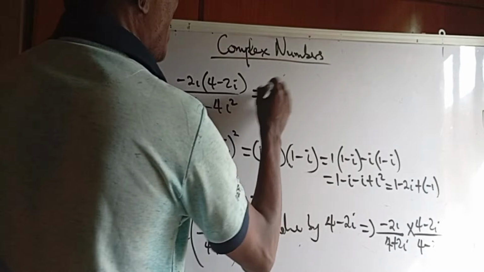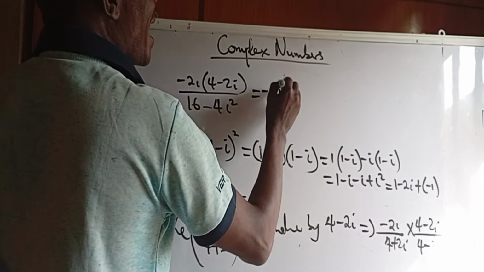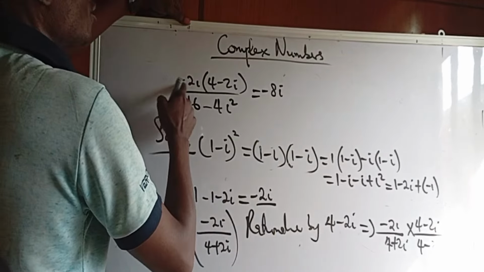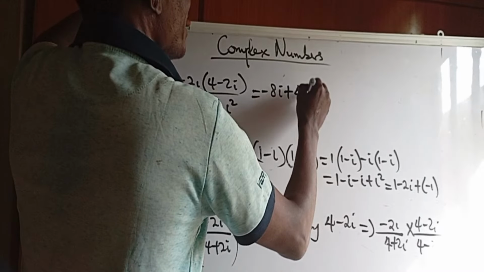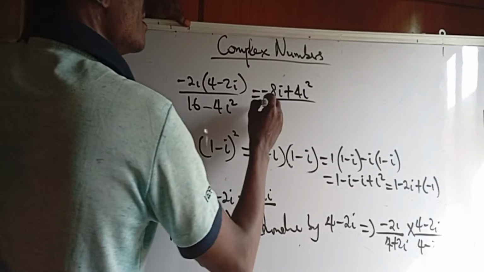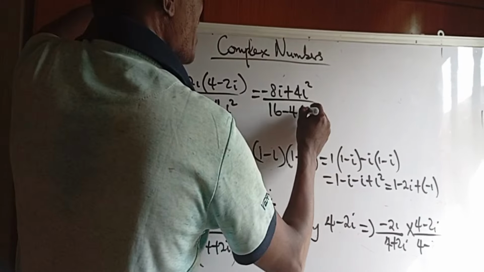So let's expand. Minus 2I times 4 is minus 8I. Minus 2I times minus 2I is plus 4I squared, all over 16 minus 4. Then what is I squared? Minus 1.